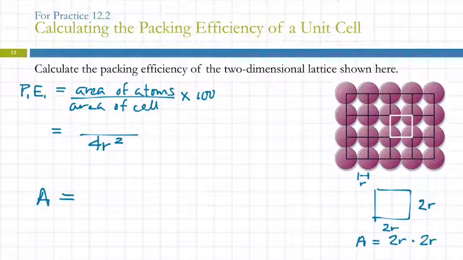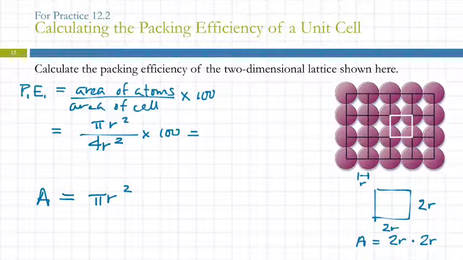What's the area of a circle? Area equals pi r squared. So the area of the atoms, there's 1 atom in that square. The area of the atoms is pi r squared times 100. The r squareds cancel out.